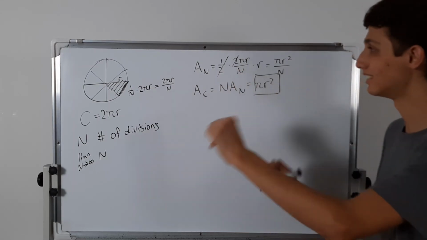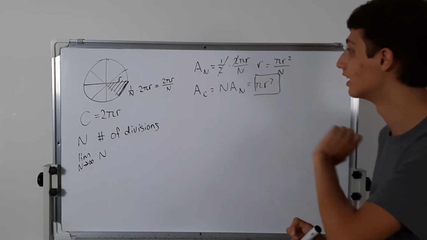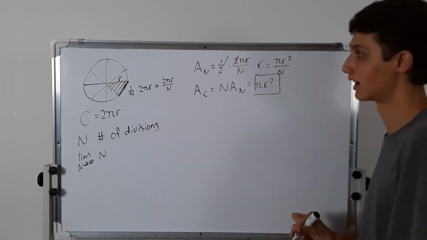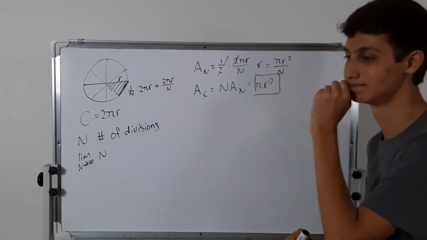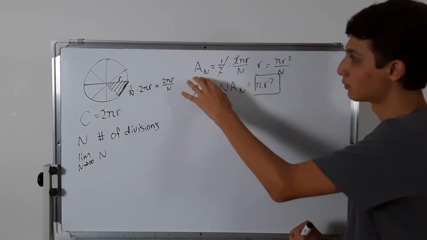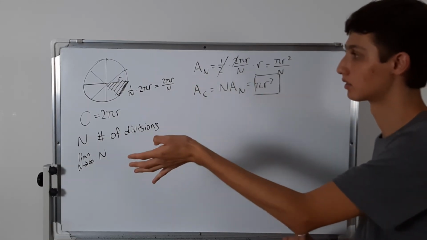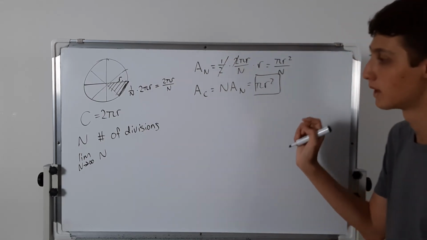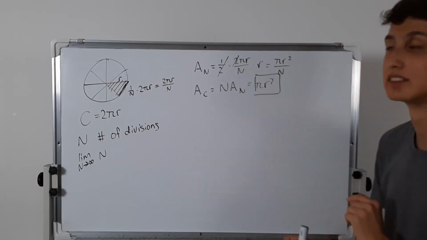I didn't do it totally formally, because I should have included some limits here and all that. But this is the general case. Whenever we do it with a finite n, say n equals 100, this is going to be an approximation. However, when we take the limit as n goes to infinity, then it's exact.